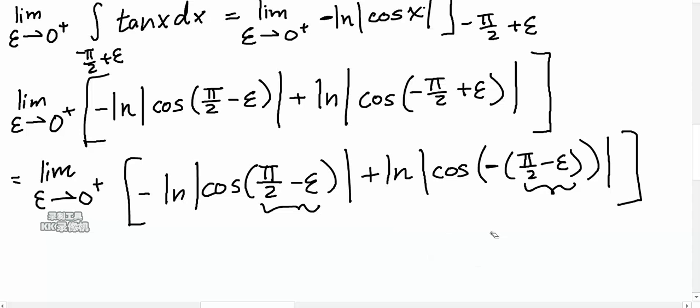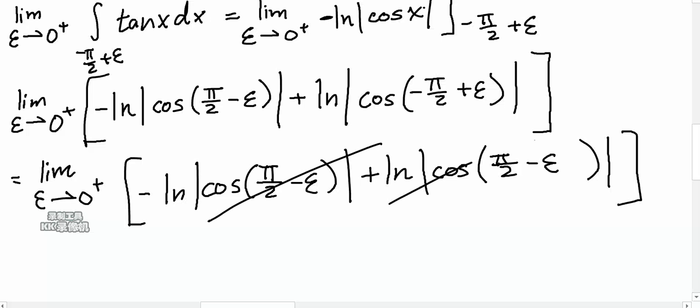So what does this mean? It means that this cosine of negative pi over 2 minus epsilon can be rewritten as cosine of pi over 2 minus epsilon. Now, you have a plus ln absolute value cosine of pi over 2 minus epsilon minus ln absolute value cosine of pi over 2 minus epsilon.